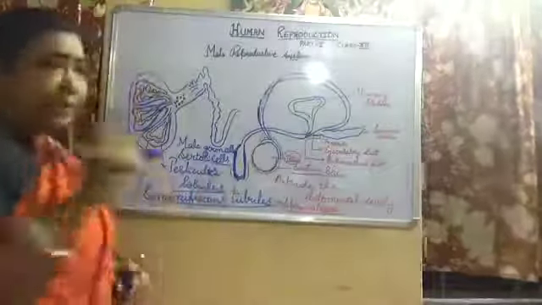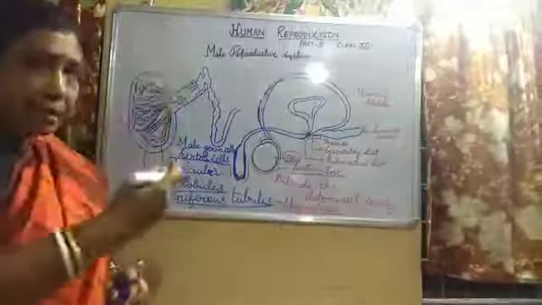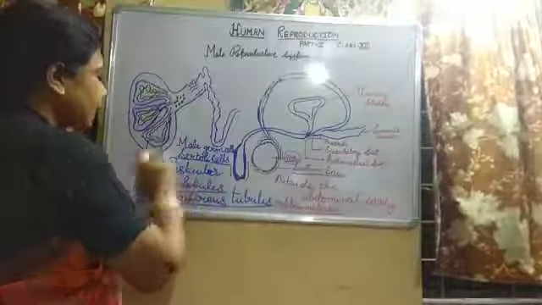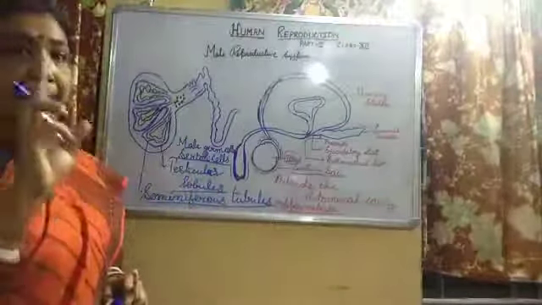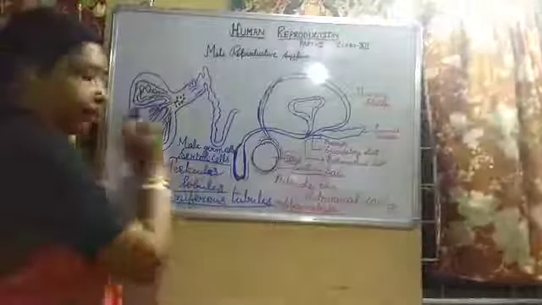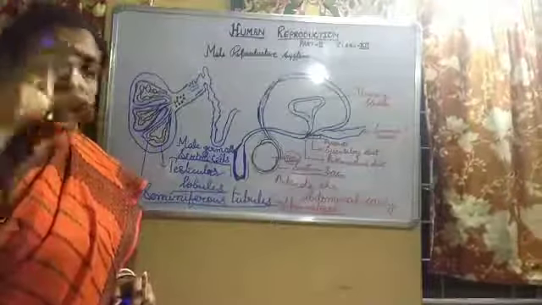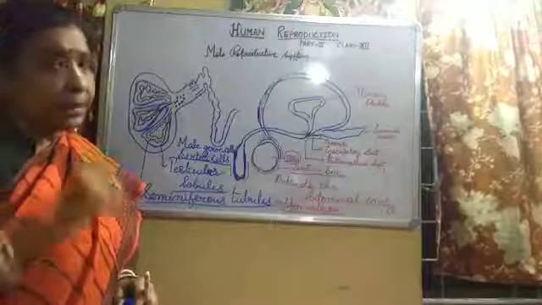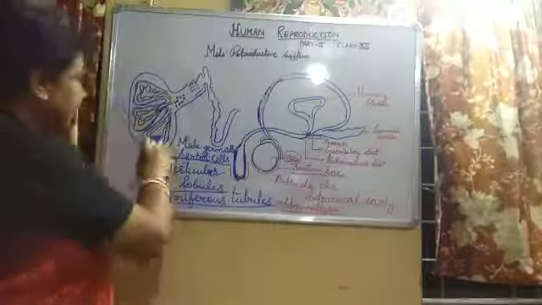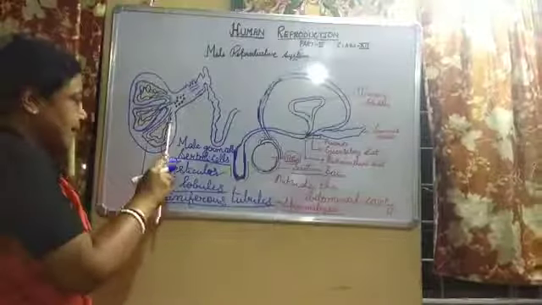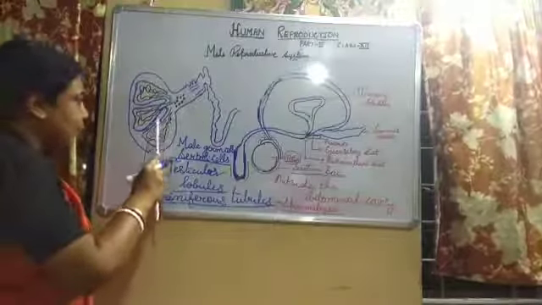So again I am repeating, in the sectional view of the testis, you will find several compartments. Those compartments are known as testicular lobules. In a testis there are about 250 testicular lobules.